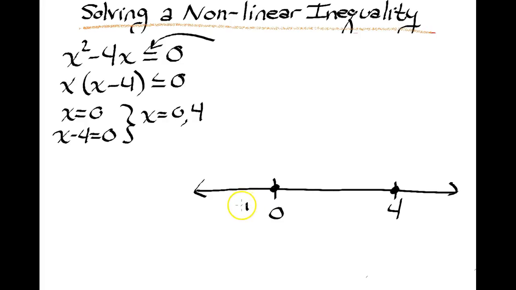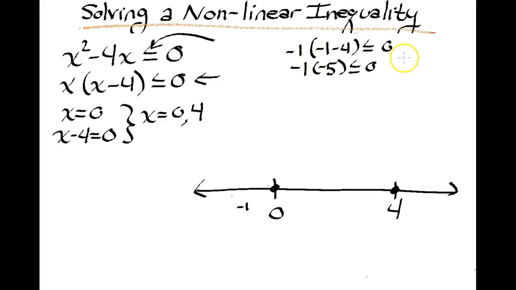I'm going to plug in a -1 into this region, and I'm going to use this polynomial right here. -1 times -1 minus 4. I'm going to test to see if it's less than or equal to 0. -1 minus 4 is a -5. -1 times a -5 is a +5.